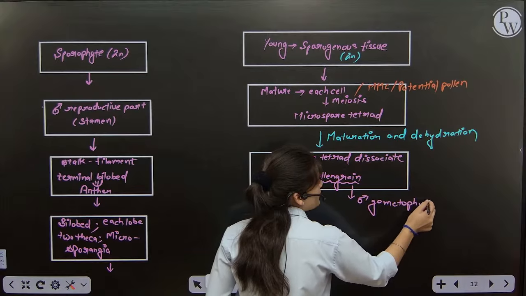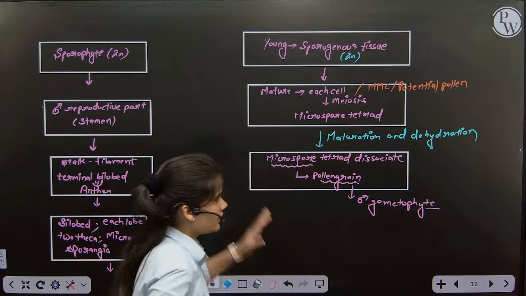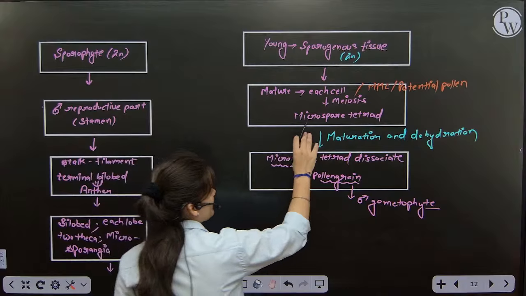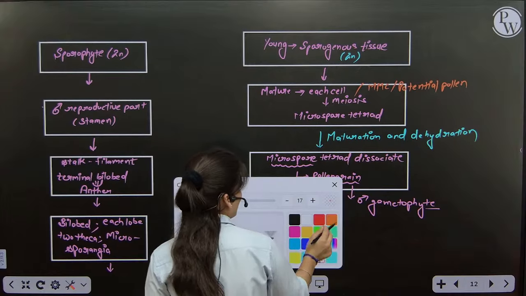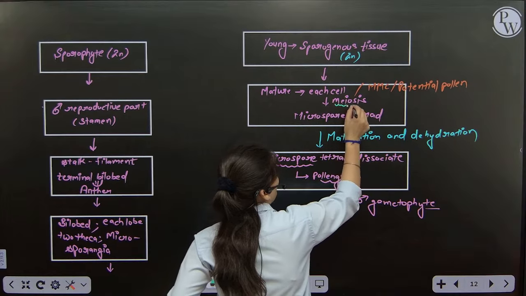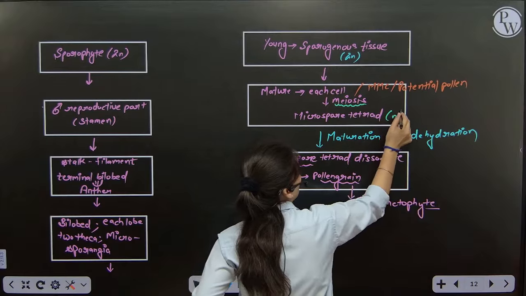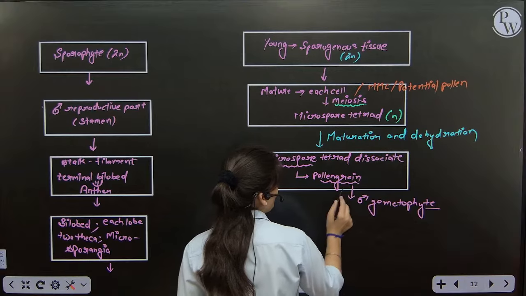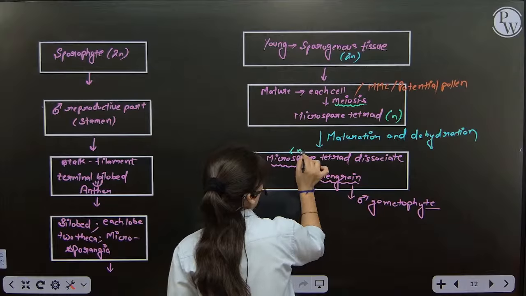Till now we have discussed this. So as meiosis division takes place, then what happens? The ploidy level changes from 2n to n.